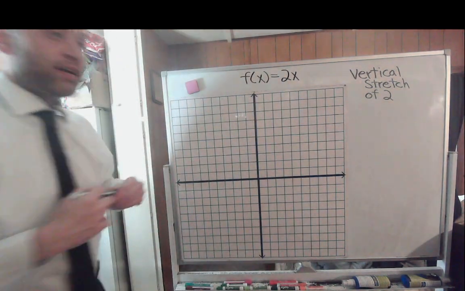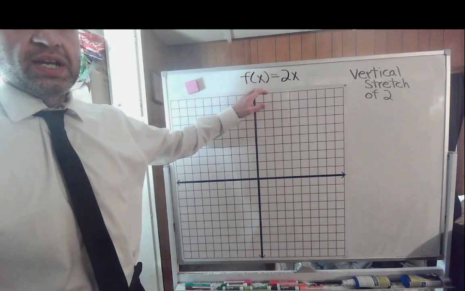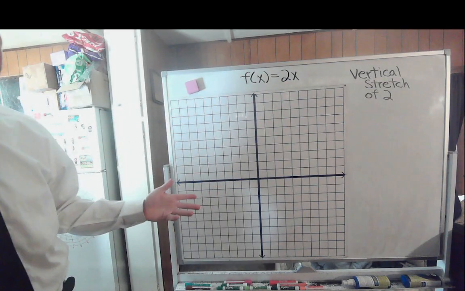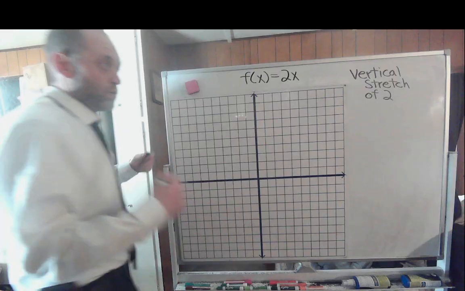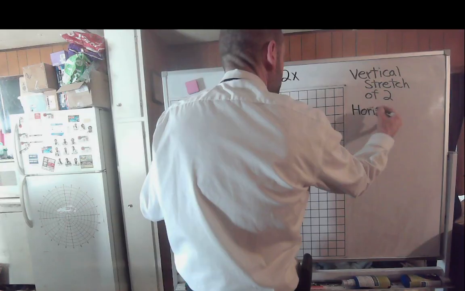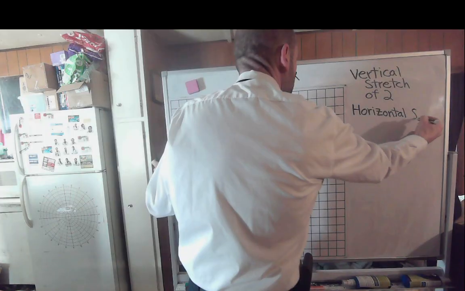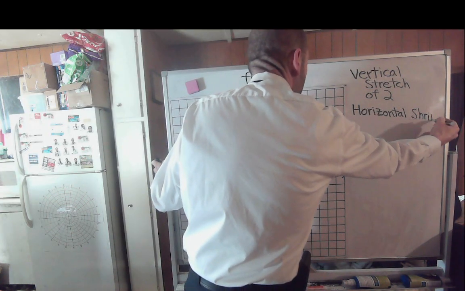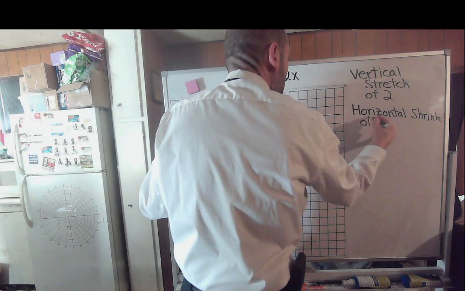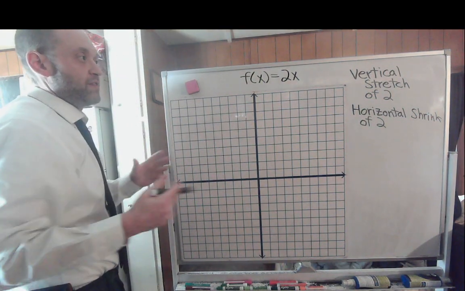Now, again, linear functions are unique because if I take f of 2x and put it into f of x, I'll end up also getting f of x equals 2x, which means I have a horizontal shrink of 2. So simultaneously, the graph of f of x is being stretched vertically by a factor of 2, but it's being horizontally shrunk by a factor of 2.